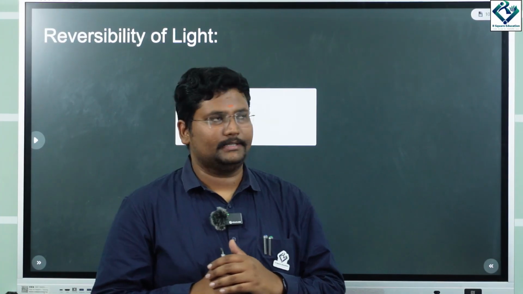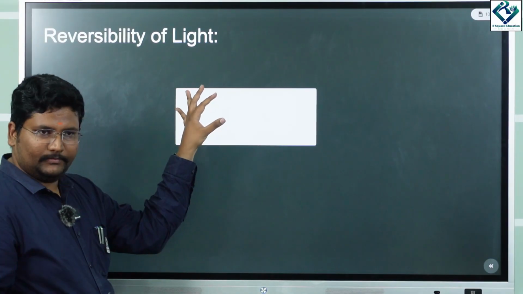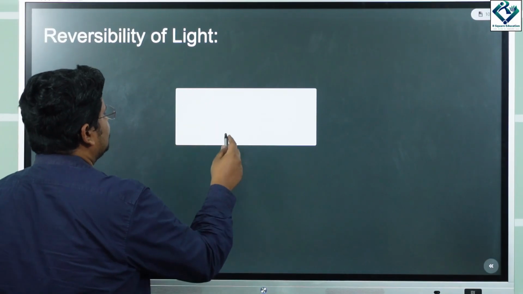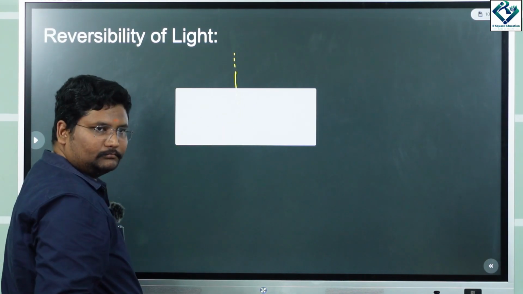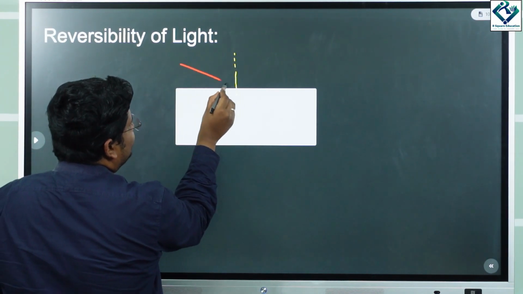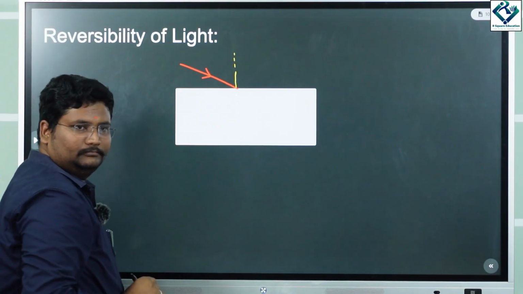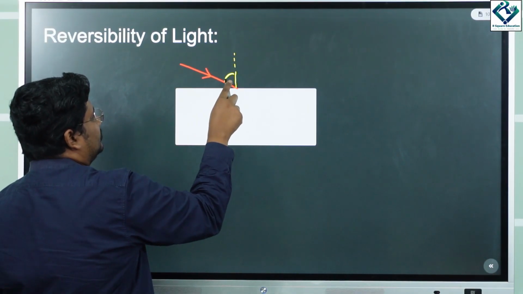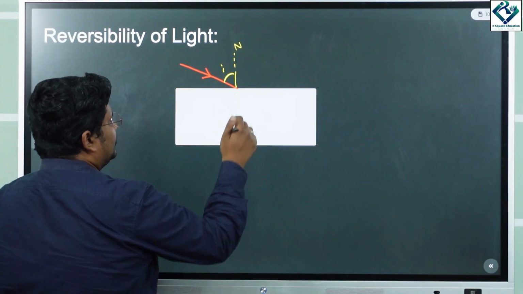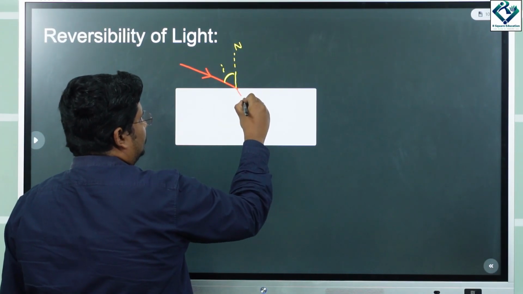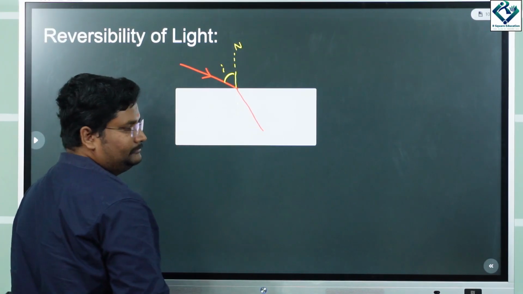Now what we are going to do is take any medium. I am going to have a normal and incident a light with an angle of incidence I. This is the normal. Obviously, this light will bend.